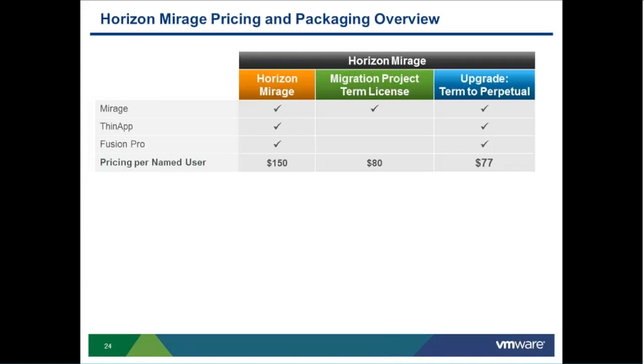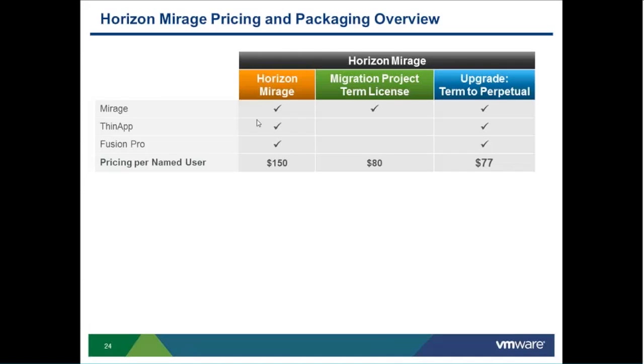One use case is OS migration, and the second is complete lifecycle management. As you can see here, for Horizon Mirage, the migration-only project comes under term licensing. I think you can have probably 6 months of time. You can have term licensing in place, and you can migrate your thousands of desktops from XP to 7 or 7 to 8.1.